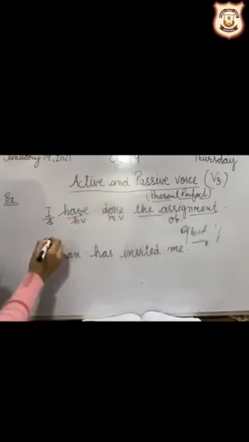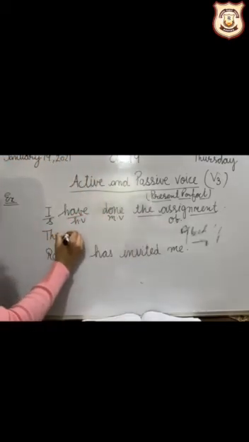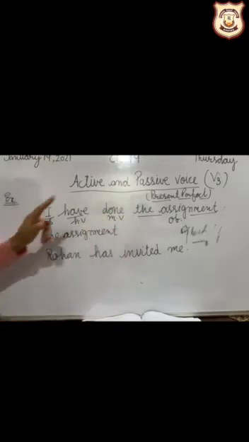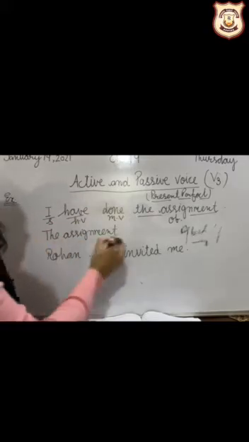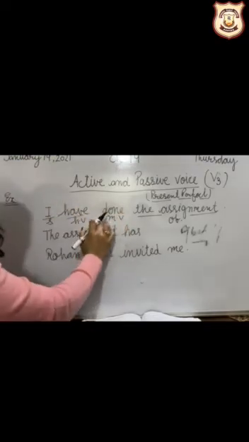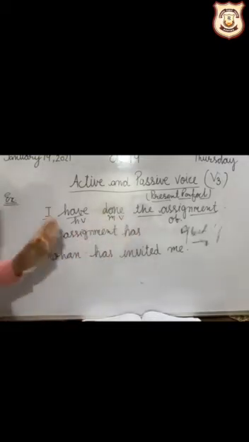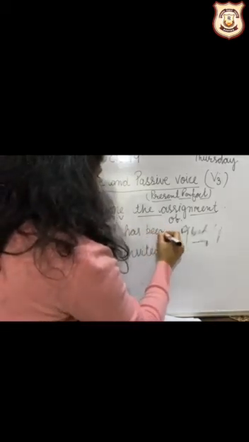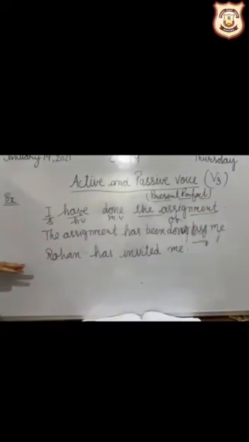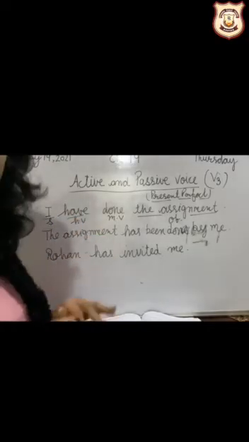So, the assignment, singular, has. Already V3 is given here: do, did, done. Done is already V3. So the assignment has been done by me.